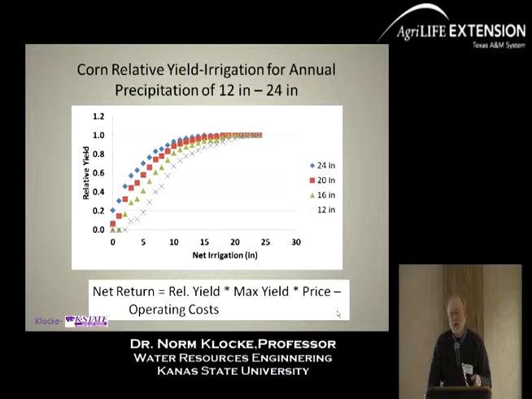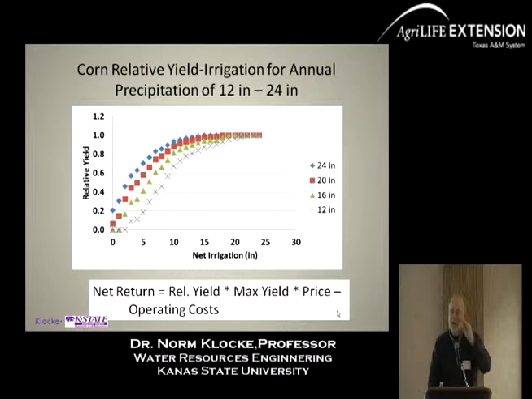So how the model works, it'll go into the inches of water you pump or have available. This is net irrigation. Go up the chart to the proper precipitation line and go across to the left to pick up your relative yield. So it's relative yield times the maximum yield. What's maximum yield? That's the maximum expected yield you can reasonably expect from that field.